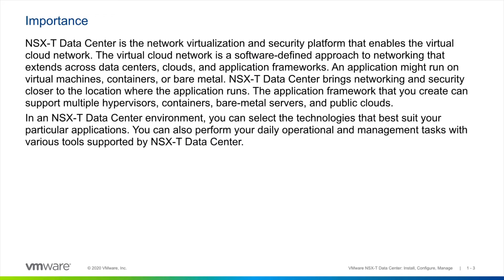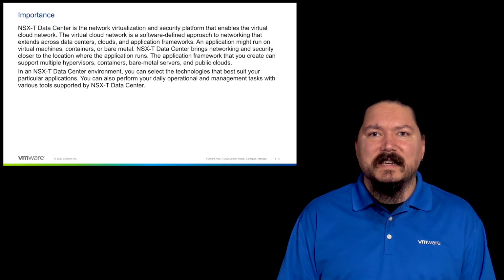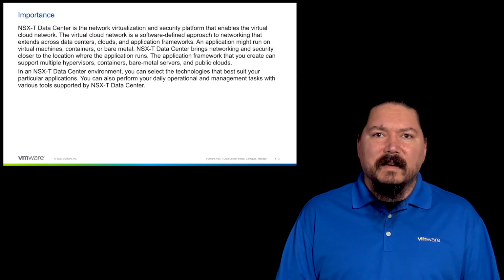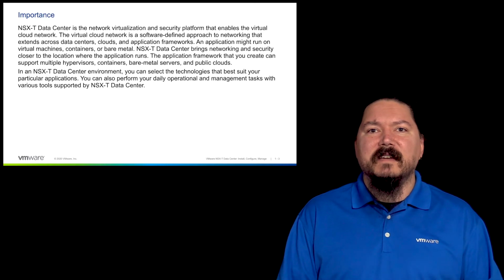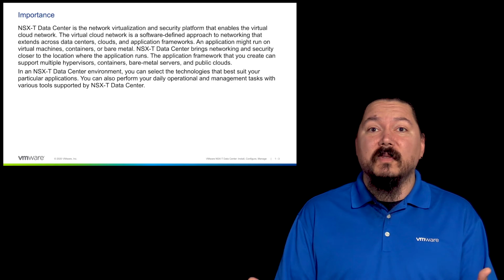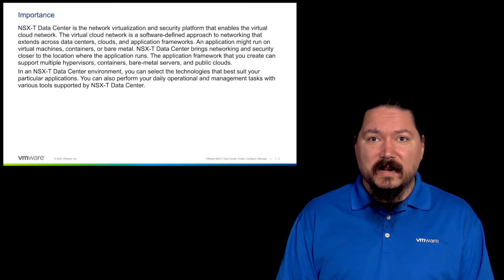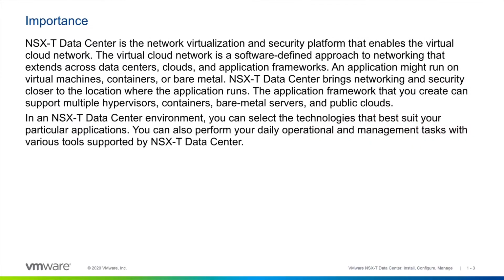NSX T gives us consistent networking and consistent security, whether we're looking at on-premise or off-premise clouds, between the NSX T data center and the NSX T cloud platform. They tie together very nicely to give us this holistic view and this holistic control of our networking and our security capabilities. So this is a big deal. This is a big deal for all of us.